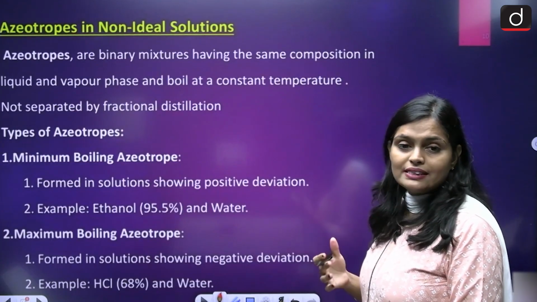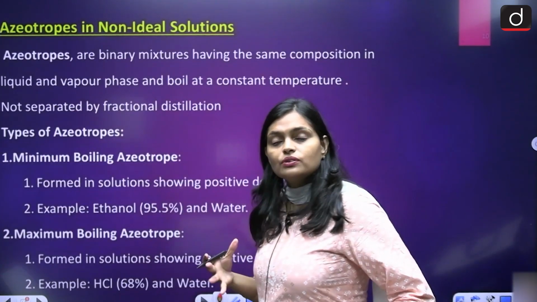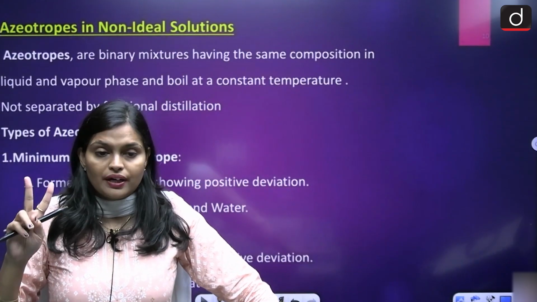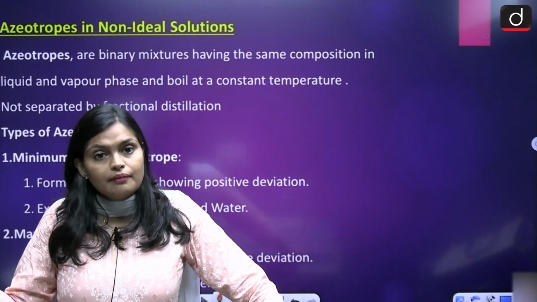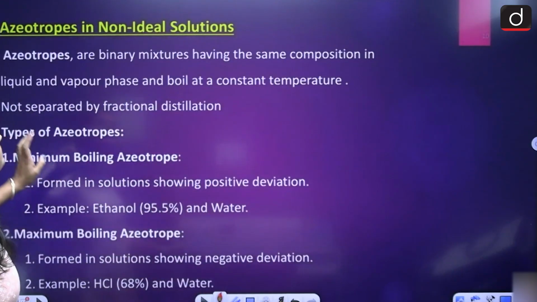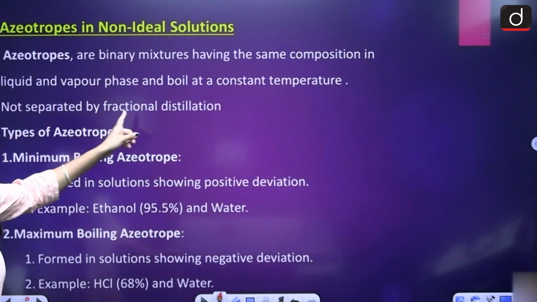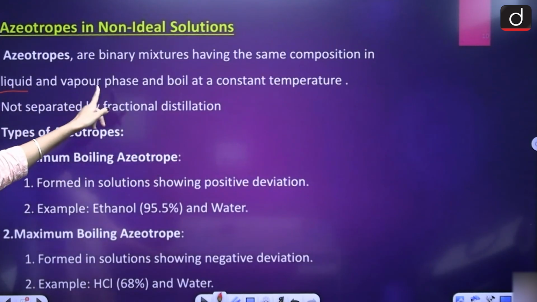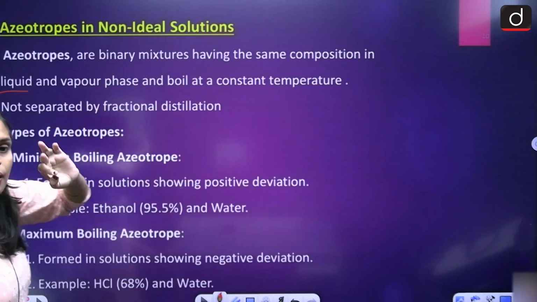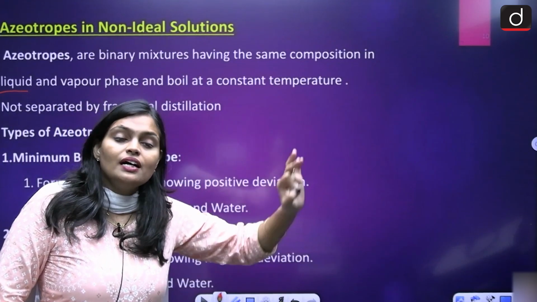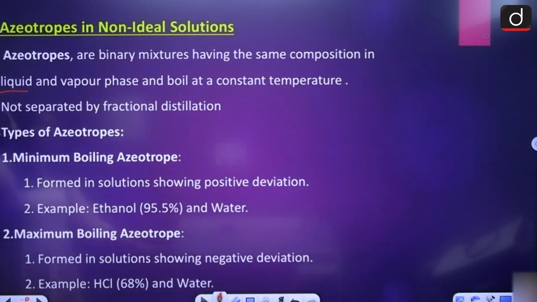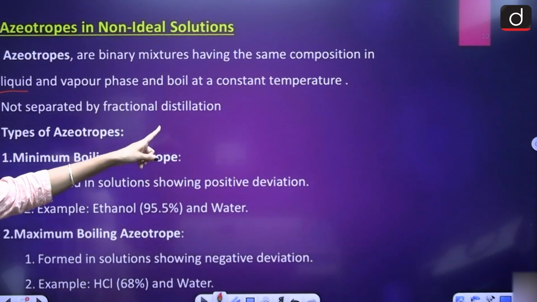So azeotrope क्या होते हैं? It is a binary mixture made up of two components.